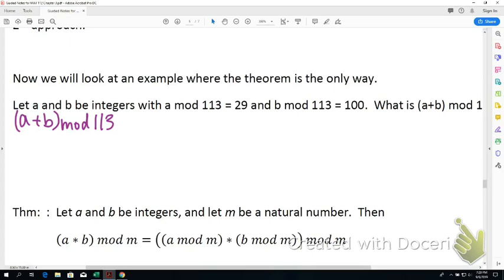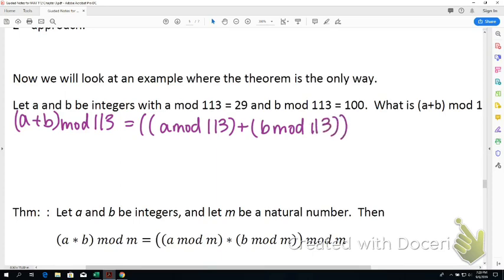So remember, this would equal double parentheses, (a mod 113) plus (b mod 113), close parentheses twice, mod 113.